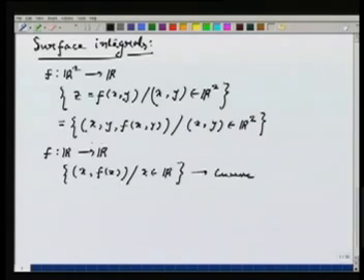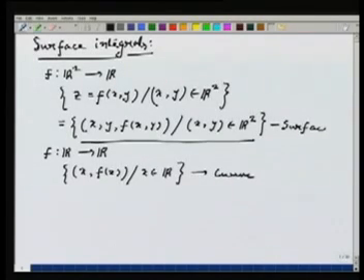Similarly, if I look at this kind of a set where f is a function from R2 to R, this is a surface. These are certain examples of surfaces. We will see later that all surfaces are actually not given by graphs, so we will generalize the definition also.